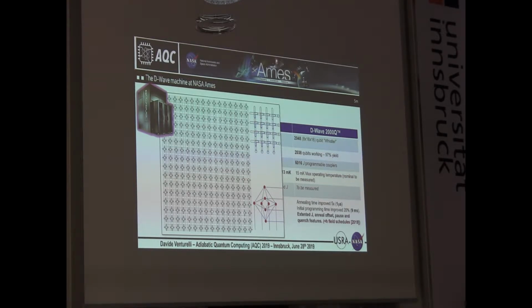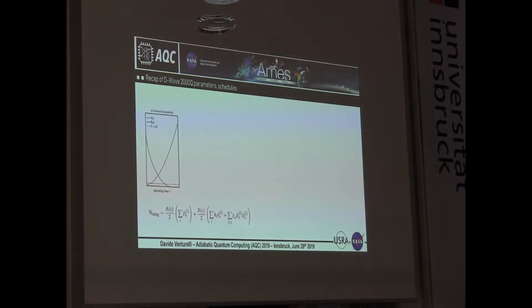publicly by D-Wave, including the H-gain, the G-gain, I think it's called like this now, and the pauses and the reverse annealing. So we're experimenting on the usage of these features from an empirical standpoint and from a theoretical standpoint.